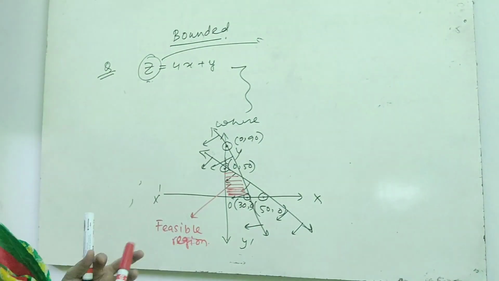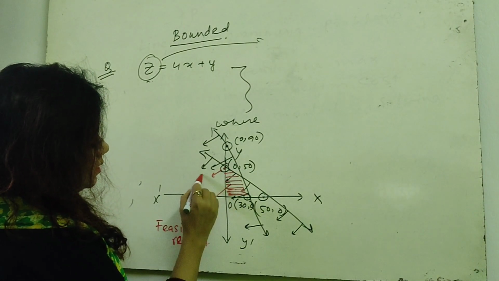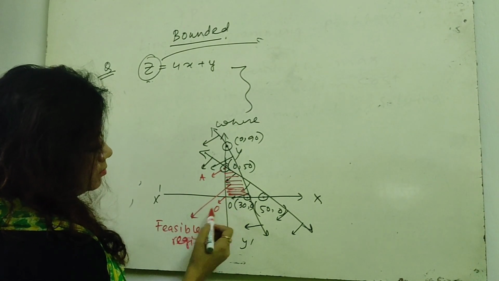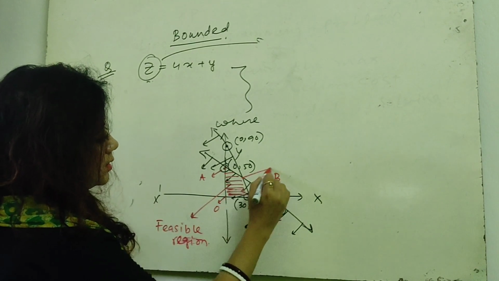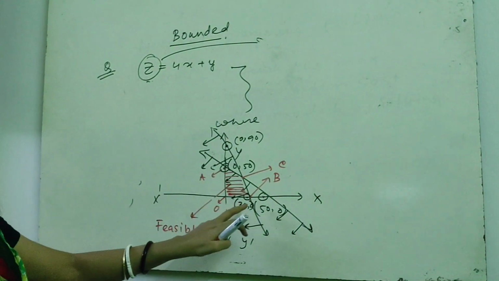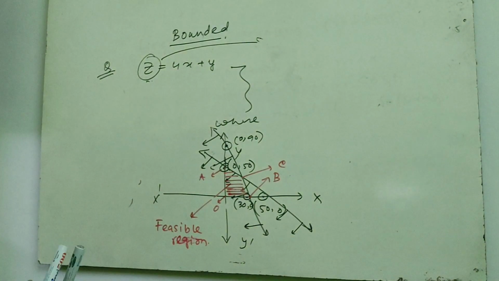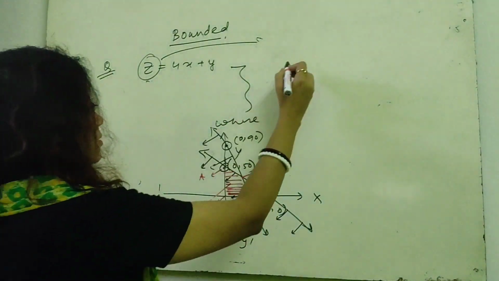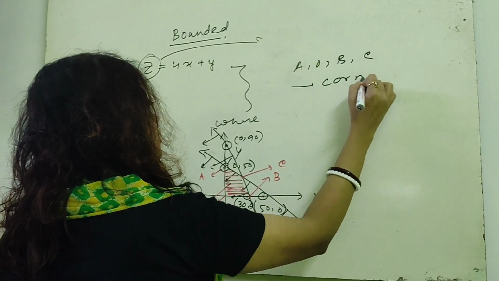See, there are 4 points. Suppose this point's name is A. This is already O, the origin. This is B and this is C. Okay, because the diagram is small, I am writing like this way, but you will write just A, O, B, C. These points A, O, B, C are called corner points.